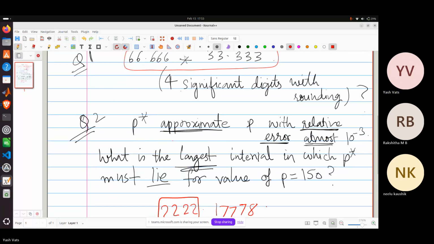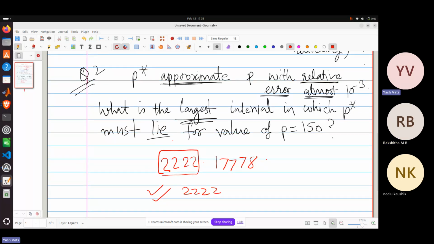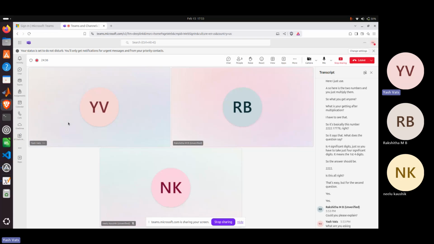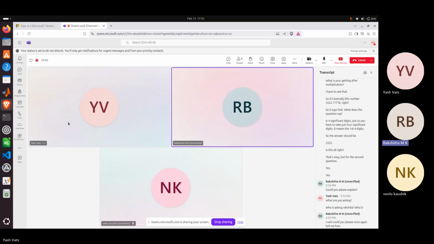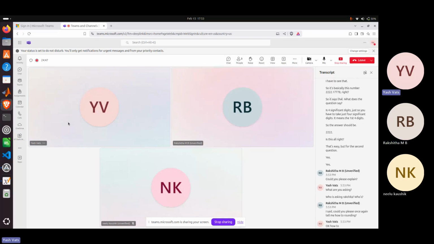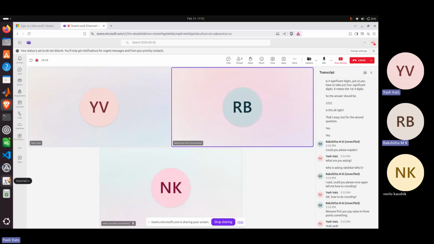Sir, could you please explain once again how to do rounding?